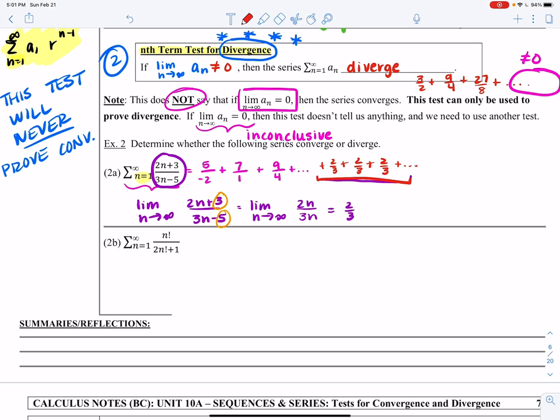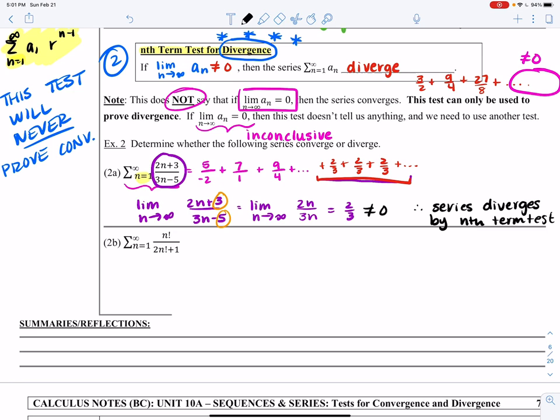No, but it's approaching 2/3. So what do I want to say to make this conclusion? I want to say this is not equal to 0. Therefore, this series is going to diverge by the nth term test.